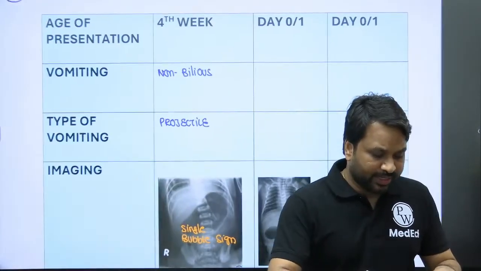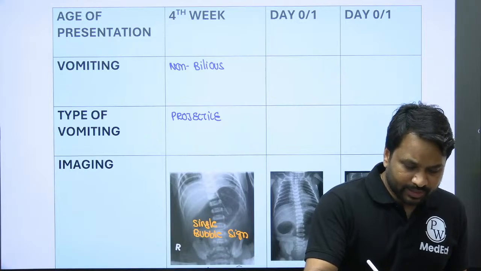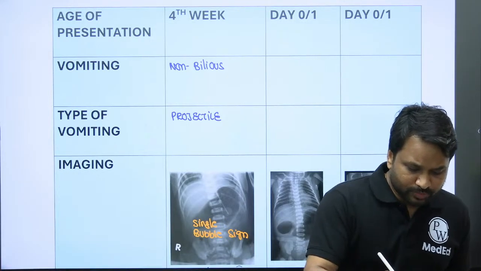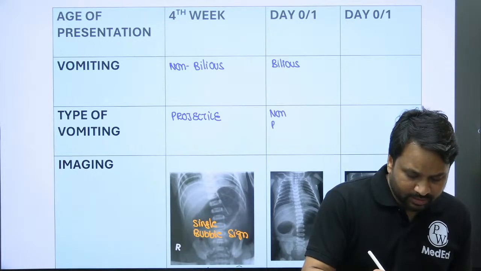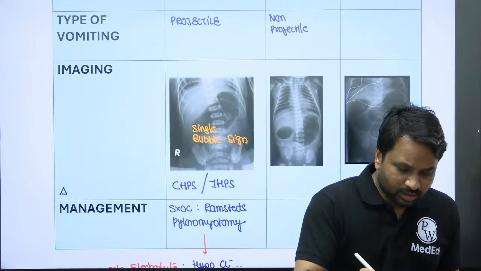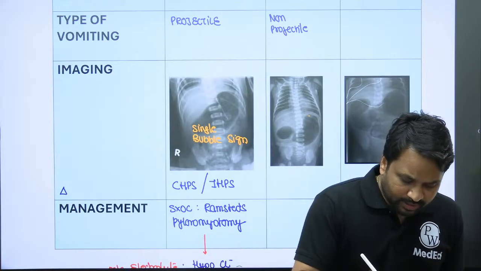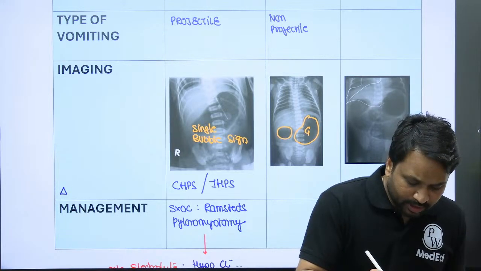Coming down to the next case, I have day 0, day 1. This time, let's say I have a patient who presents to me with bilious vomiting, which is non-projectile. This time I can say I have 2 bubbles, that is the gastric bubble and the duodenal bubble.